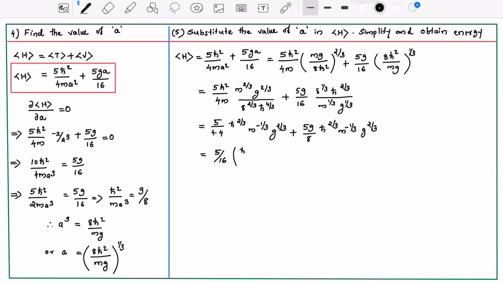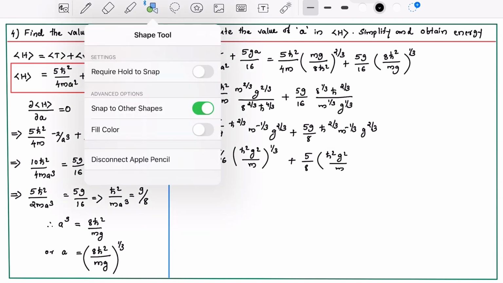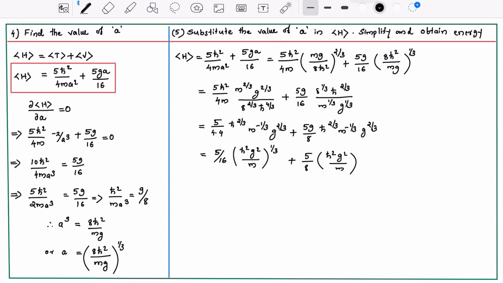We can write it as 5/16 (ħ²g²/m) raised to 1/3 plus 5g/8, 5/8 (ħ²g²/m) all raised to 1/3.